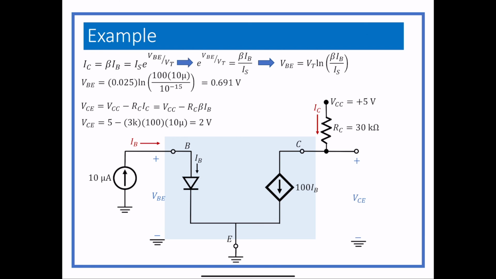So VCE is 2 volts, and VBE is 0.691. So because VC is greater than VB, the transistor is in active mode like we would expect. So this is the beginnings.